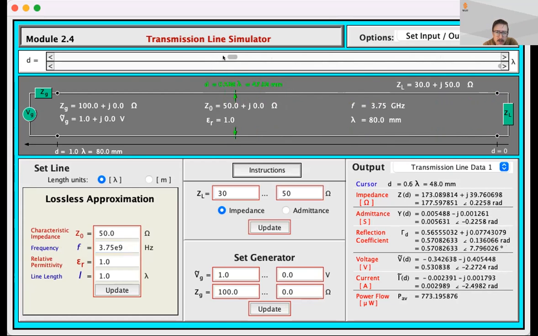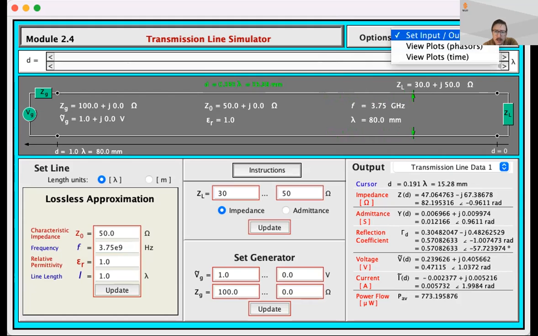Now we can move this around and we can set the line length higher if we'd like. We can do a variety of different things and move this around until we get to the point where we can check if we have the impedance or the voltage reaching a maxima or a minima here.